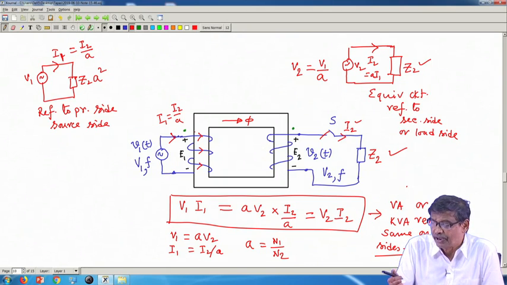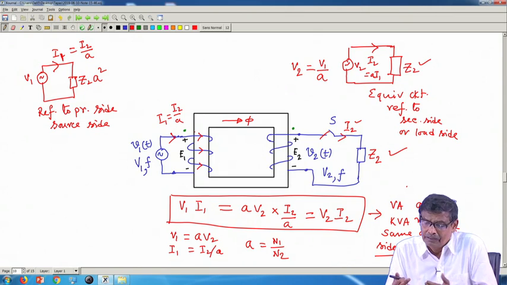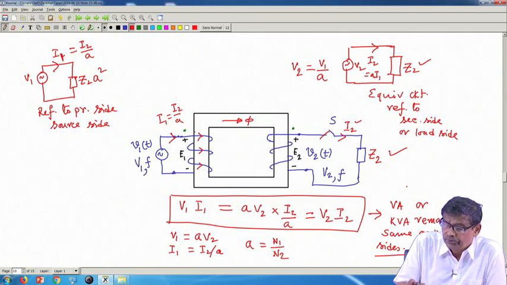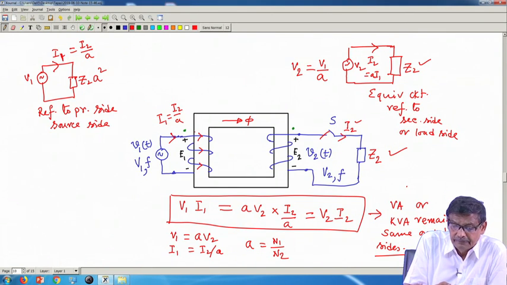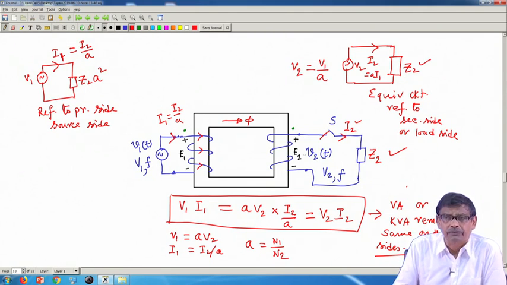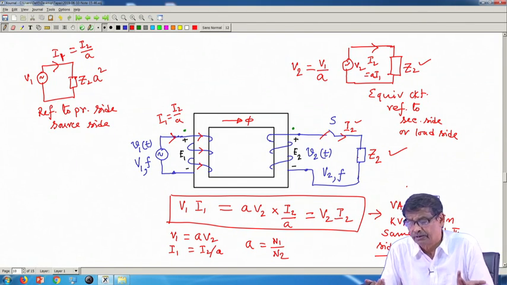It is true you have to find the currents and voltages in all parts of the circuit, but after knowing these relations exist, you can choose this equivalent circuit from which you can get I1, and if you wish you can always find I2, then go back to the actual circuit and say this is I1, this is I2 and so on.